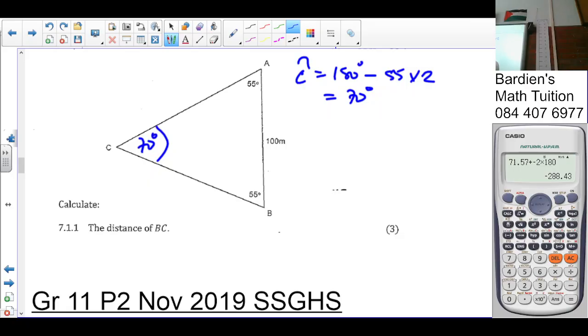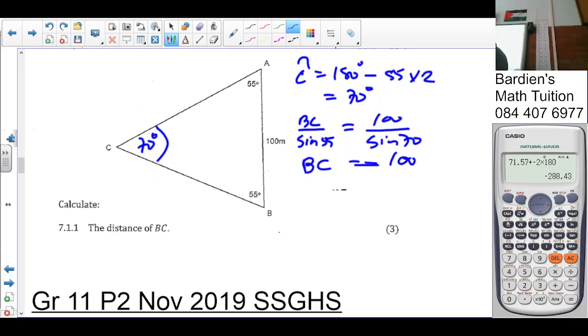So for the sine rule I needed this angle. So BC over sine of 55 is equal to 100 over sine of 70. So BC sine 70 is equal to 100 sine 55. Divide by sine 70 both sides.